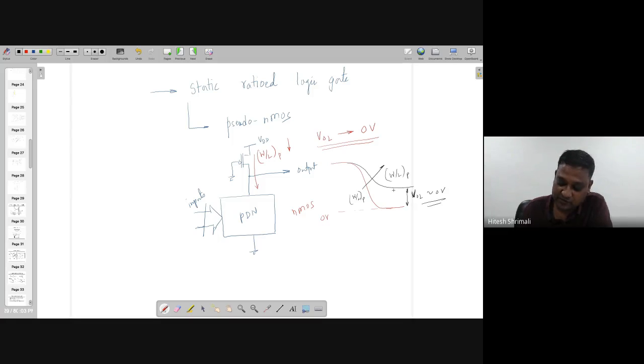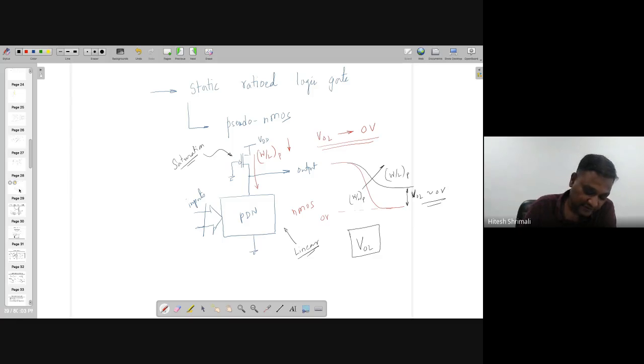You will always have some extra voltage, and this is happening because of this PMOS. Note that this PMOS is in saturation mode of operation, whereas the other ones are in linear. So you have to follow the equations accordingly, and you can find out the VOL value, which is already given in the book, and we also looked at that one.